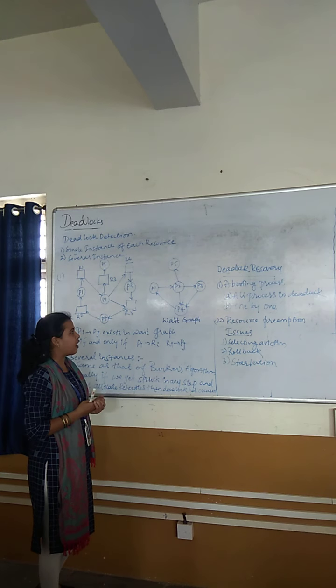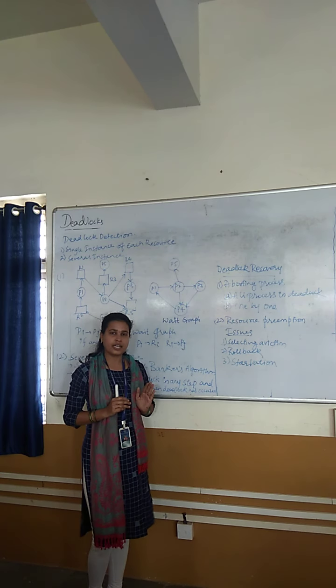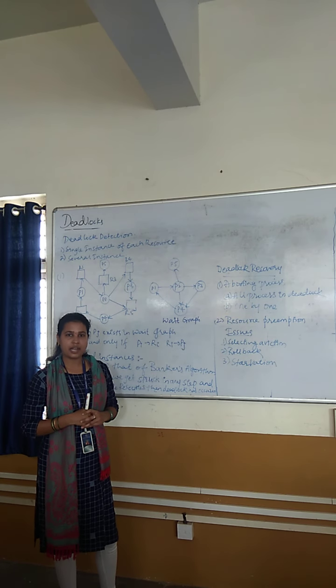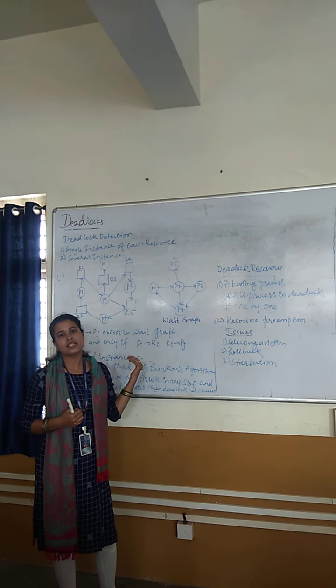After drawing the wait-for graph, a cycle detection algorithm will be run, and if there exists a cycle, it means that deadlock has occurred. So we are detecting the deadlock in this method.